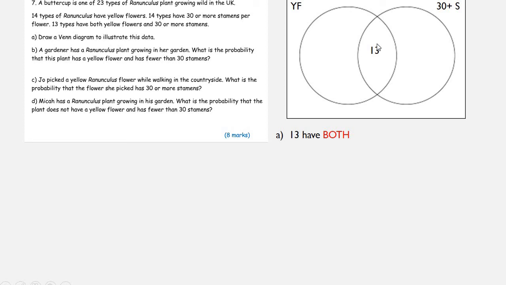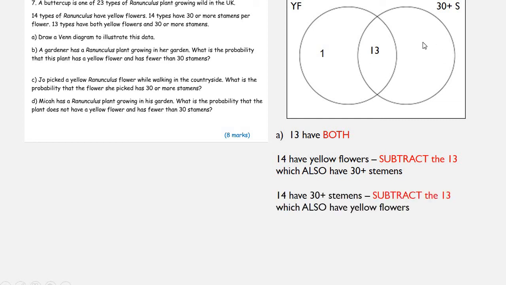So we need to take away that 13, which leaves 1, which has yellow flowers but doesn't have 30 plus stamens. Same thing with the 14 types which have 30 or more stamens. We've already got 13 inside that circle, so we need to take that away, leaving 1 that doesn't have a yellow flower but does have 30 plus stamens.